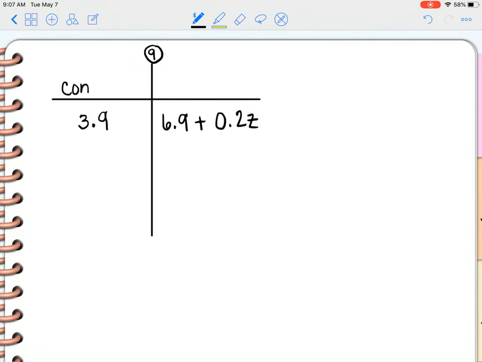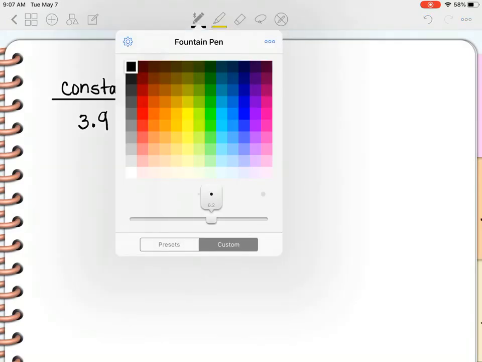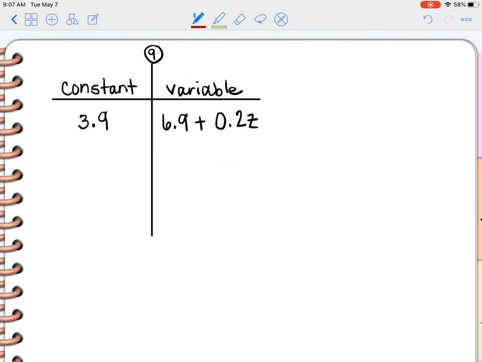This is your constants team, and this is your variable team. And so we need to move some numbers around.